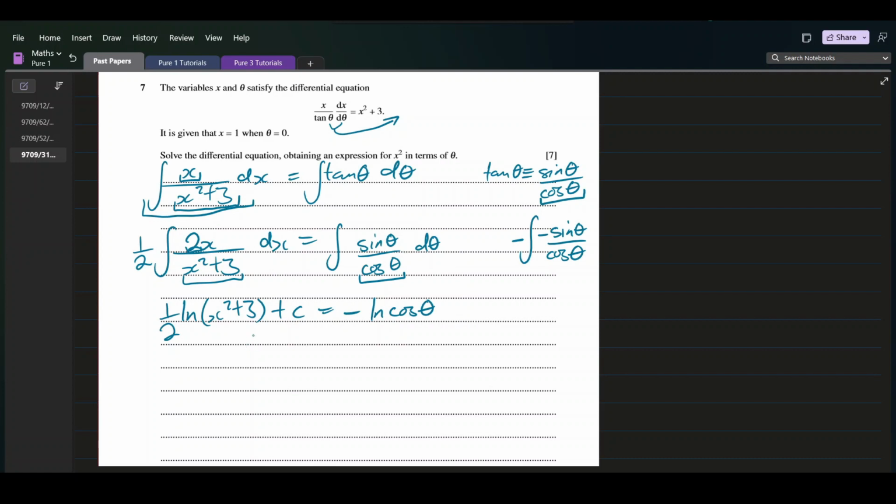And now what we will do is we're going to use the idea that x equals 1 when theta is 0 to evaluate our constant of integration, c.